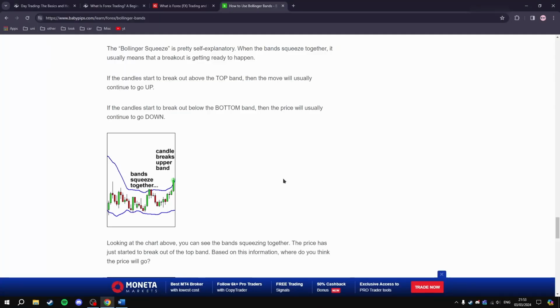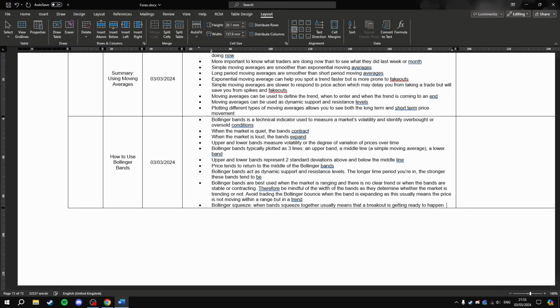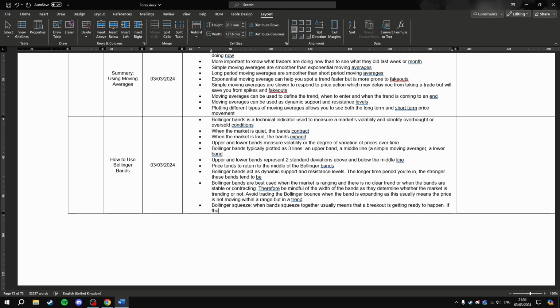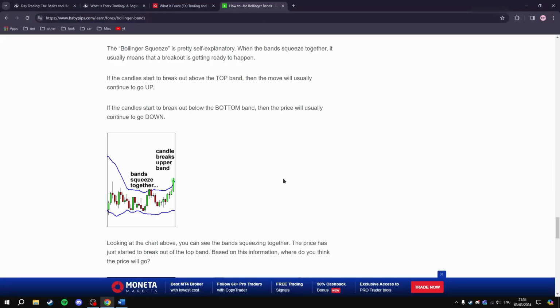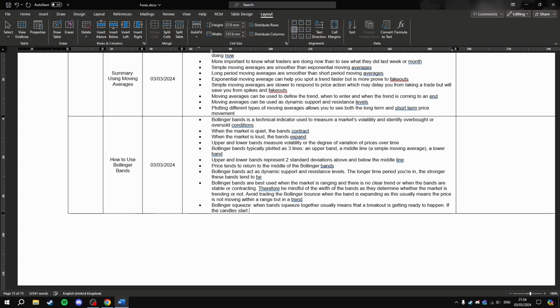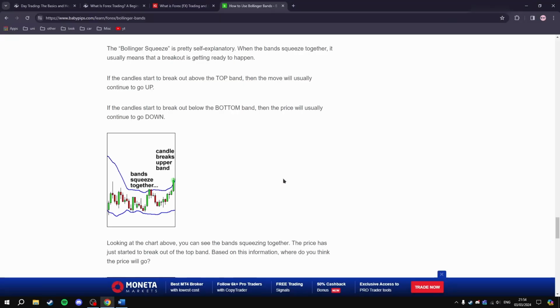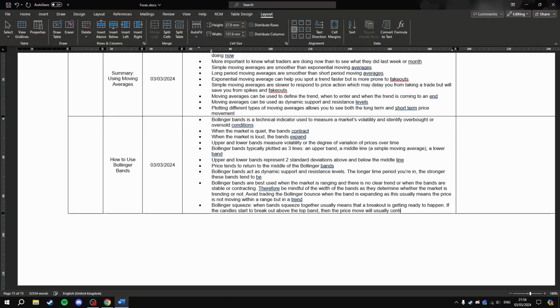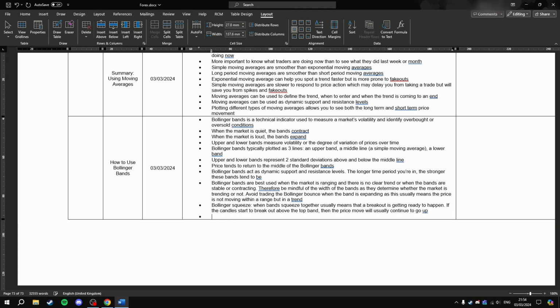If the candles start to break out above the top band, then the price move will usually continue to go up.